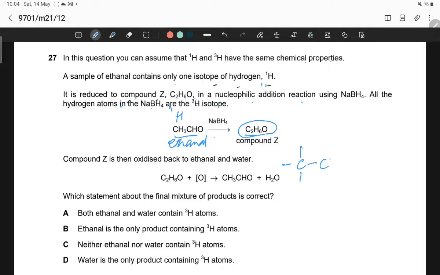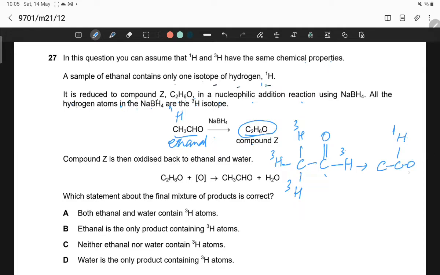C double bond O, it is reduced to C2H6O, meaning NaBH4, it's one isotope.